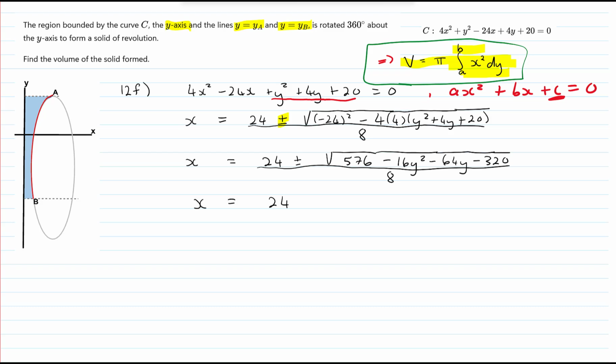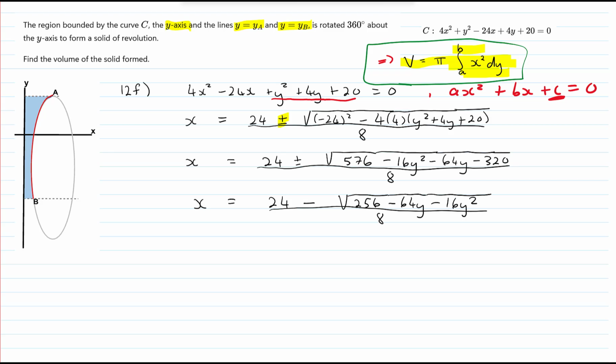I'm going to be left with x equal to 24 minus, and I'll explain why in just a moment. Then under the square root, we'll simplify it. So we're going to end up with 576 minus 320, that's 256, and then we're going to have the minus 64y minus 16y squared, and all of that is over 8.